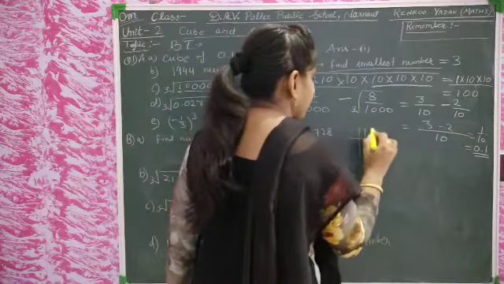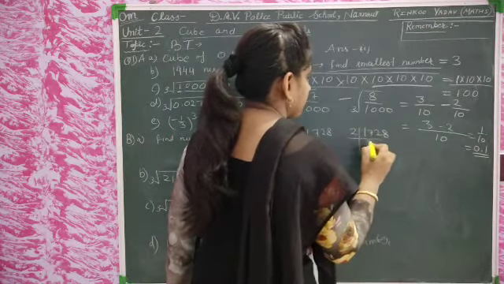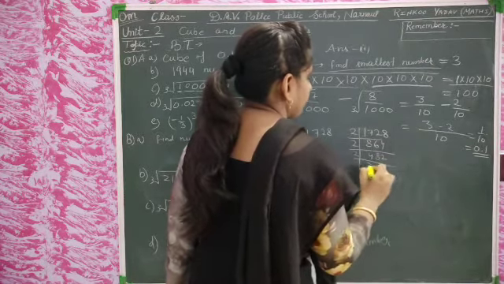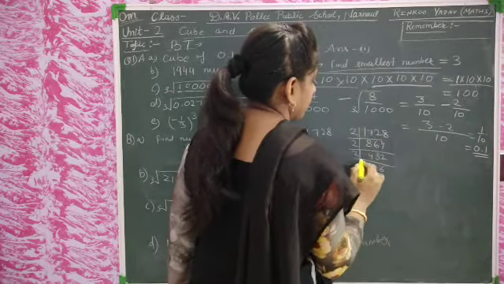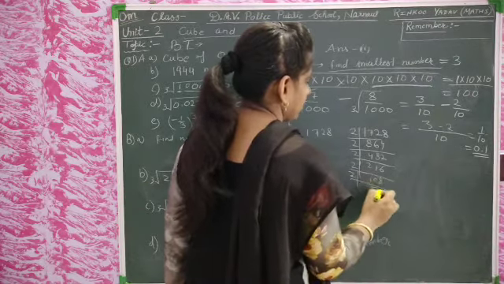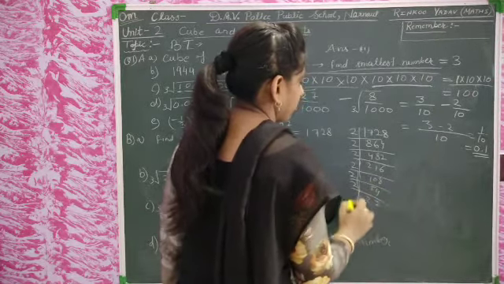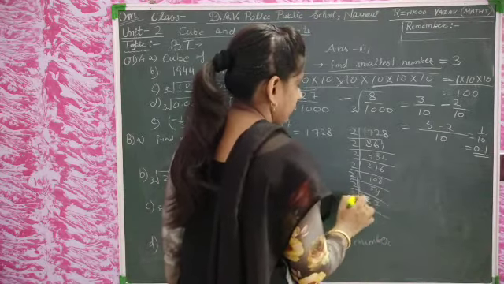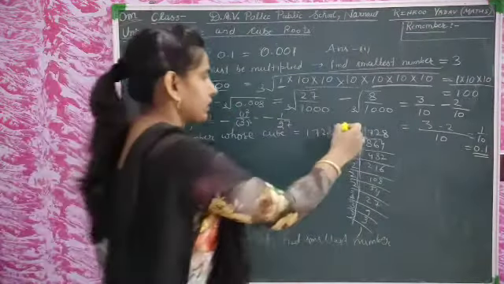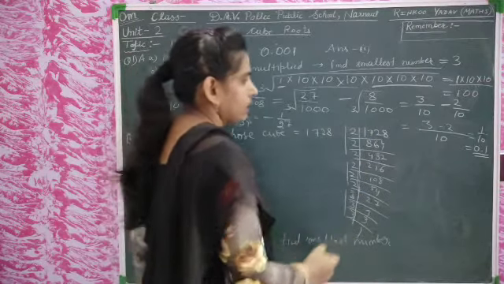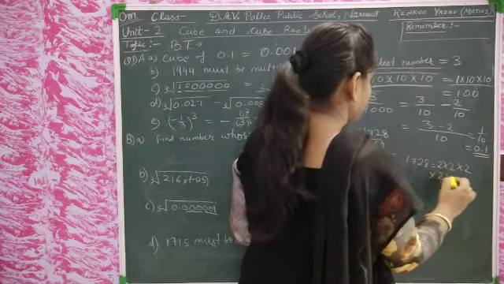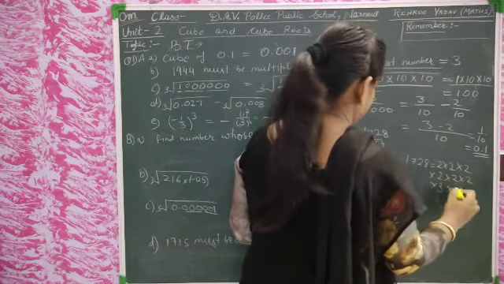We will do this question by prime factorization. Dividing repeatedly by 2 and then by 3, we get three triplets. So 1728 is equal to 2 into 2 into 2 into 2 into 2 into 2 into 3 into 3 into 3.